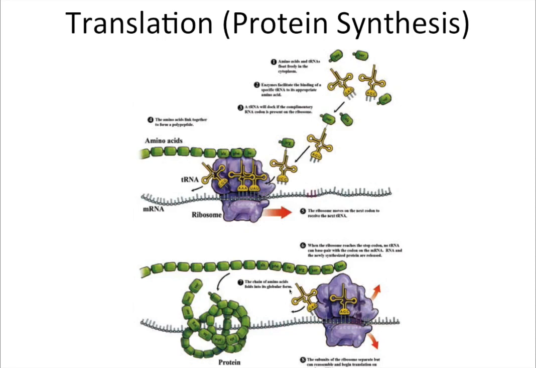When you get towards the end of making your protein, the protein folds into its three-dimensional globular form, and then it'll be shipped to the portion of the cell where it carries out its function.